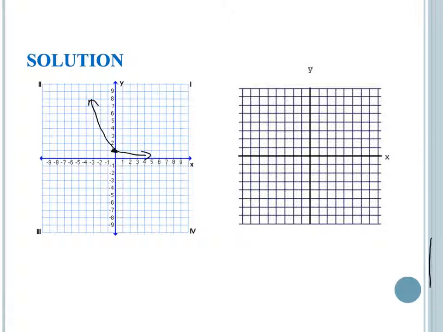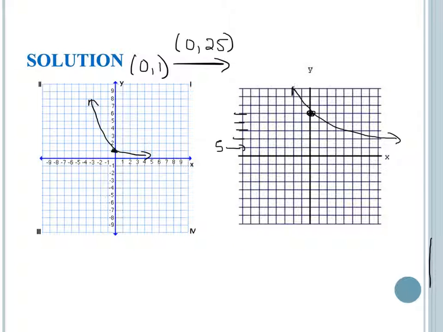So instead of crossing at 0, 1, my vertical stretch is going to shift that to 25. So now I have by 5s, 10, 15, 20, 25, we're going to say up here. And bring this down like that.